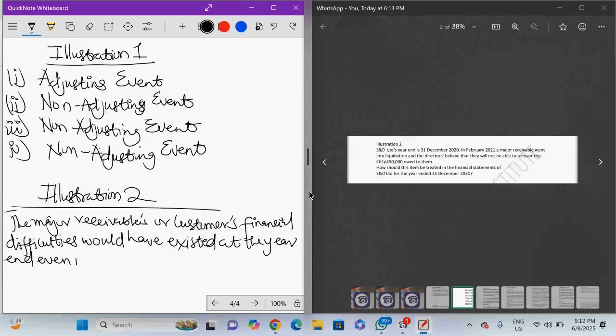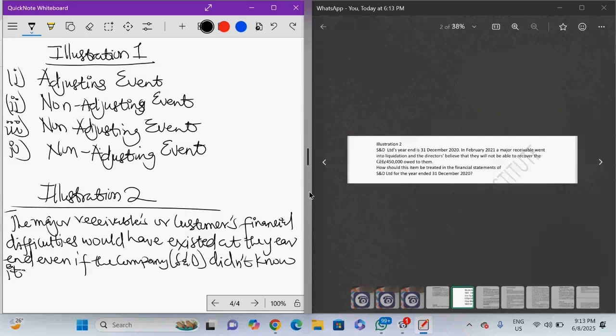Even if the company, S and D, did not know about it. Definitely it will exist because you don't just stand up and then you liquidate. There will be some signs. You are not paying your short-term debt. You are not liquid. You don't have enough cash sitting in the books. So there will be a lot of signs.